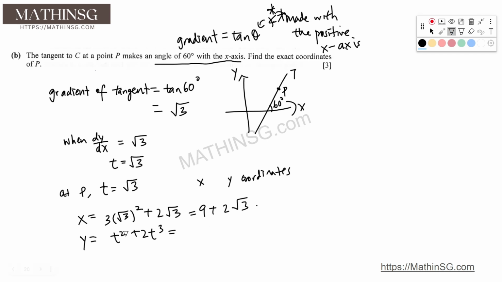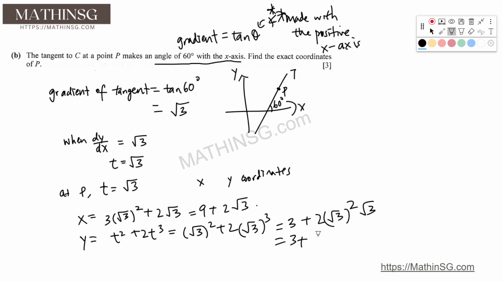So it's root 3 squared plus 2 times root 3 cubed. Root 3 squared is 3, then essentially this is 3 plus 6 root 3.